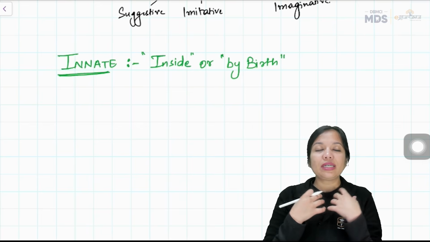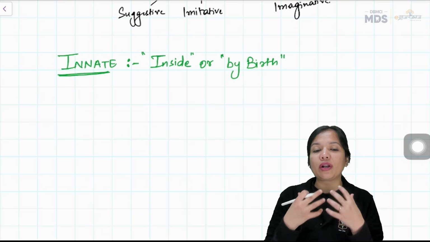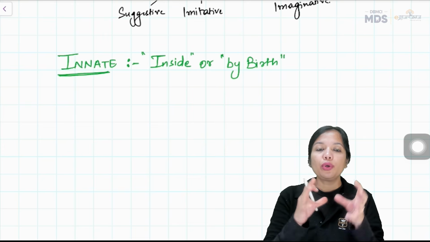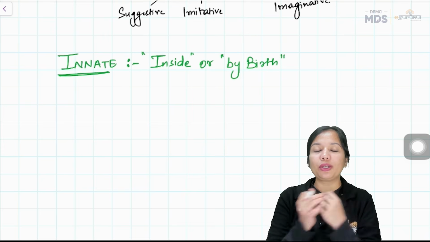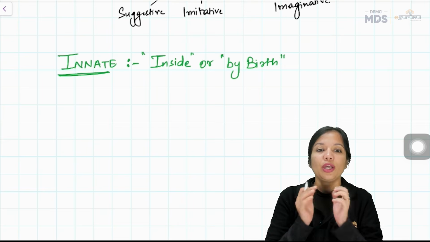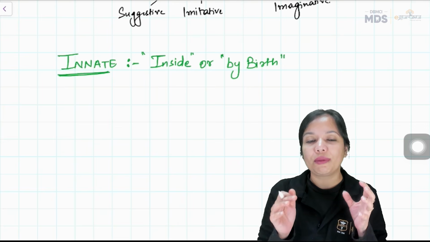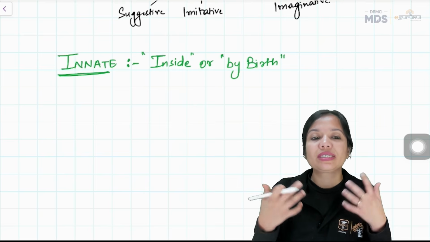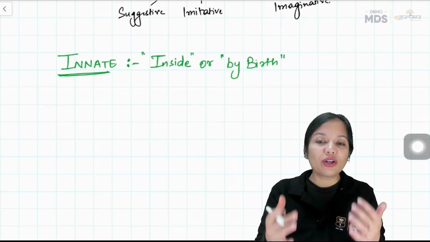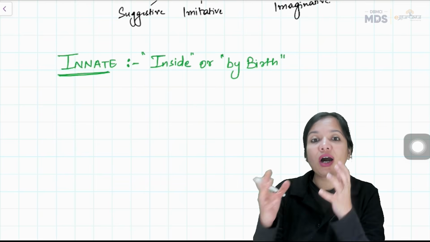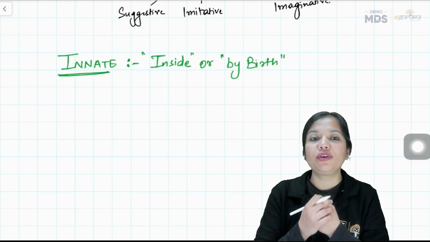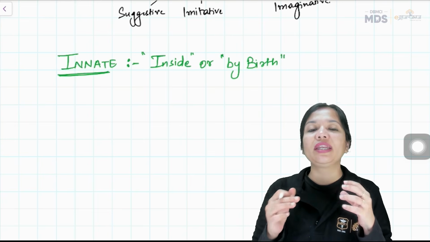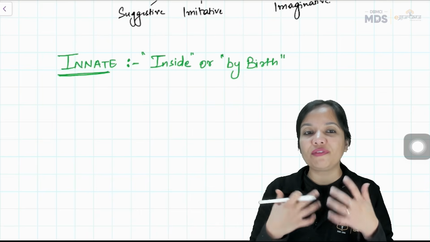It's just present within you from birth. For example, the fear of loud noise. Do you need to teach a baby that you have to be scared of loud noise? No, whenever there is a loud noise, the baby will get startled, the baby will be scared, the baby will probably start crying. So the fear of loud noise, the fear of dark places, right? If you take a little child to a dark place, he will get very irritated. He will feel scared.